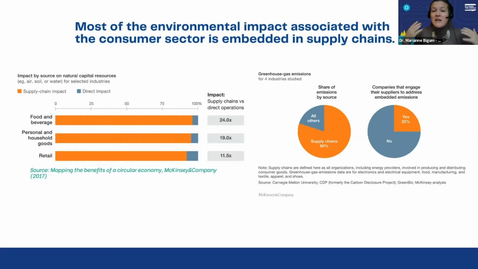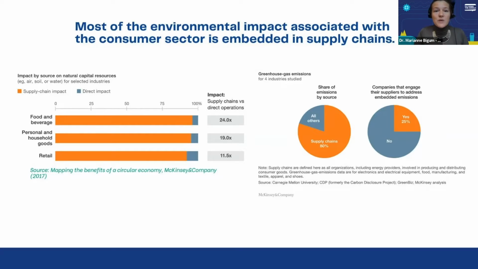This emphasizes the need for a systematic change in the value chain. It is not something that the consumer can do on their own. It's not where we should be aiming our targets. It is really about changing the current linear economy to a circular economy by working with the value chain.